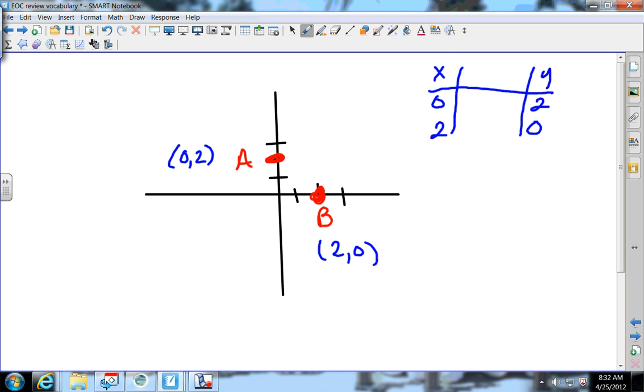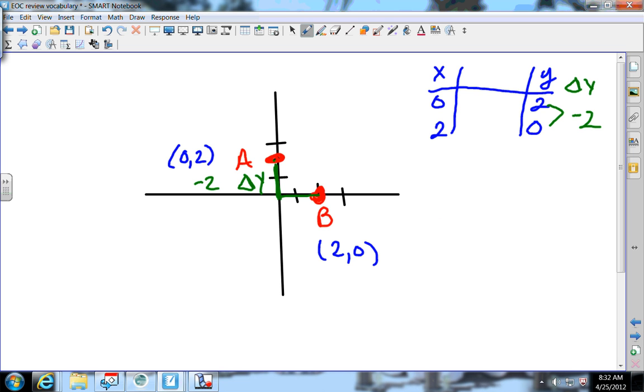How can I find it just on the graph? To find the slope on the graph, delta y, the change in y, is how it's going up and down. Right here is delta y. I'm going from A to B, going down 2, so this is negative 2.